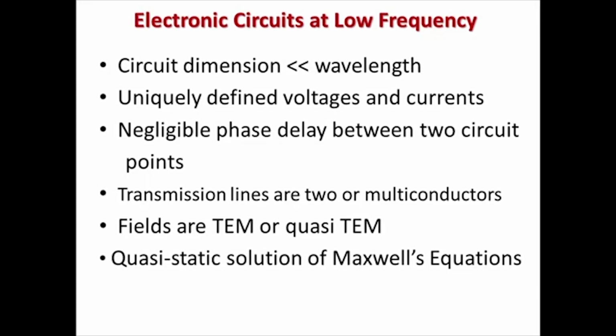That is why the solution of Maxwell's equations at lower frequency, even for electrodynamic cases, is quasi static, something like an electrostatic or magnetostatic solution. So, at lower frequency, though the whole thing is dynamic, field based and wave based, the solution appears to be like the electrostatic or magnetostatic cases. So, that voltage and current definition suffices.